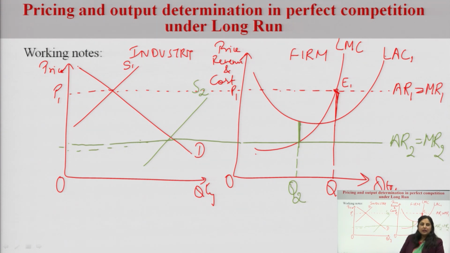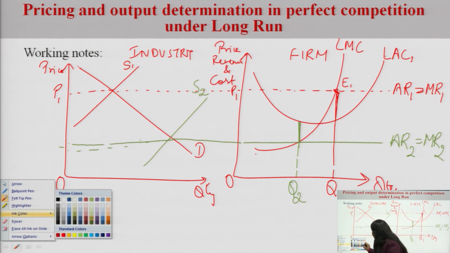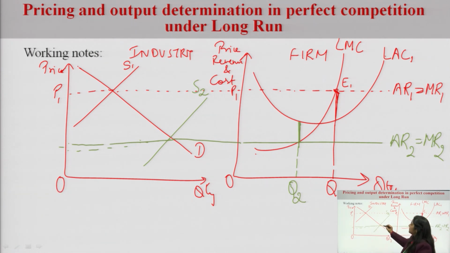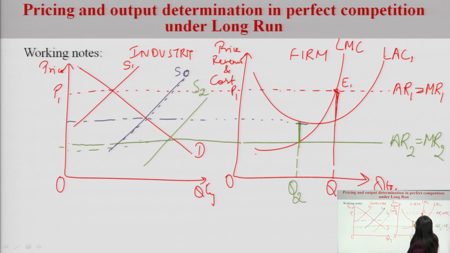When there are losses, some of the existing firms would leave the industry. When they leave the industry, the supply will shift again, that is, it will decrease, to a point where equilibrium is reached, and this will be S naught. This is the new supply. Now the market price will fall until it is tangent to the long run average cost.